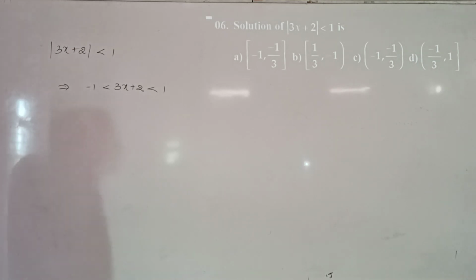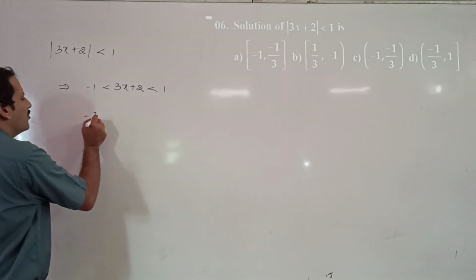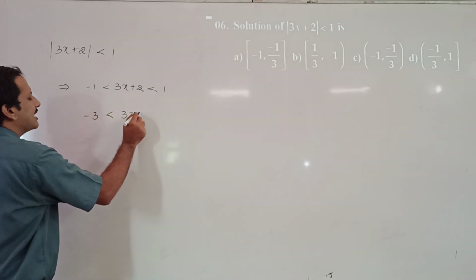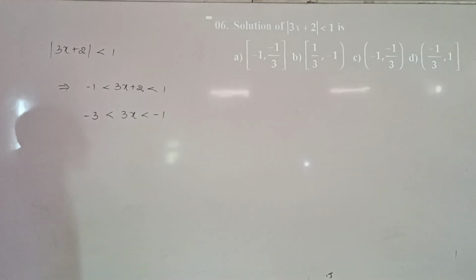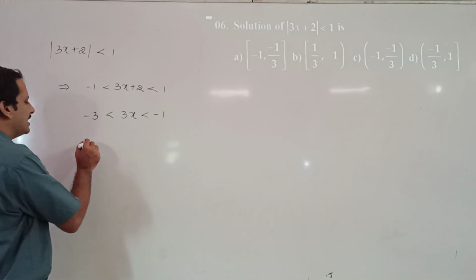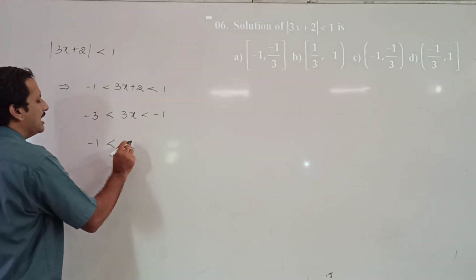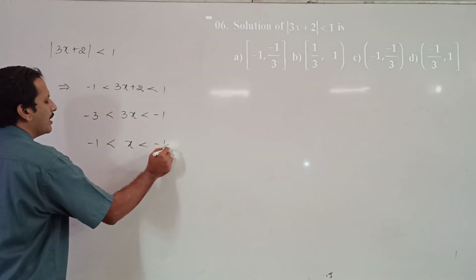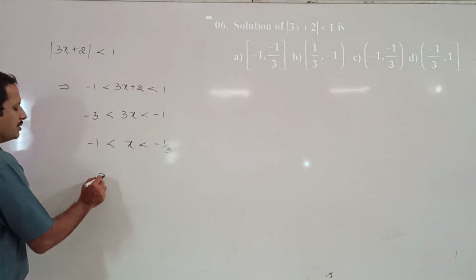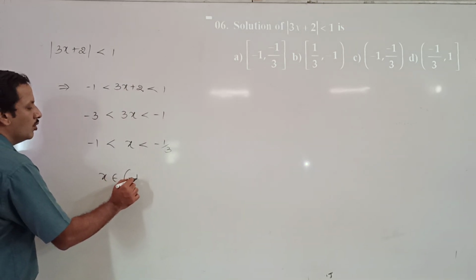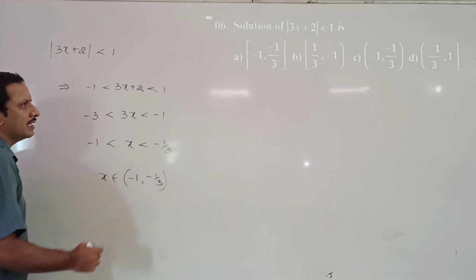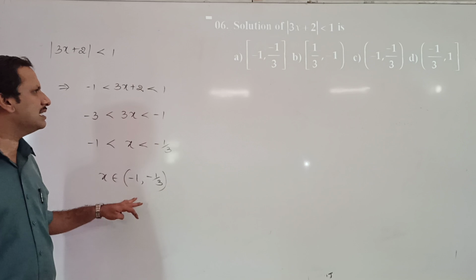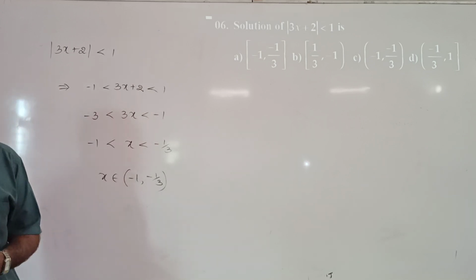I will subtract 2 from this inequality, that will give you minus 3 less than 3x less than 1 minus 2, that is minus 1. Now you divide this by 3. When I divide by 3, minus 1 less than x less than minus 1 by 3, which means x should belong to the open interval (minus 1, minus 1 by 3), which is option C.